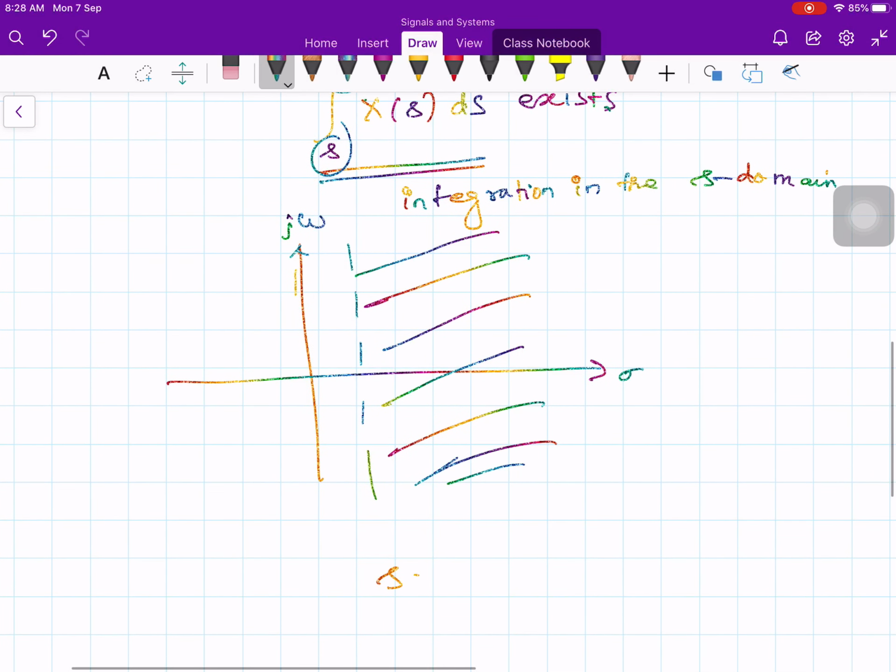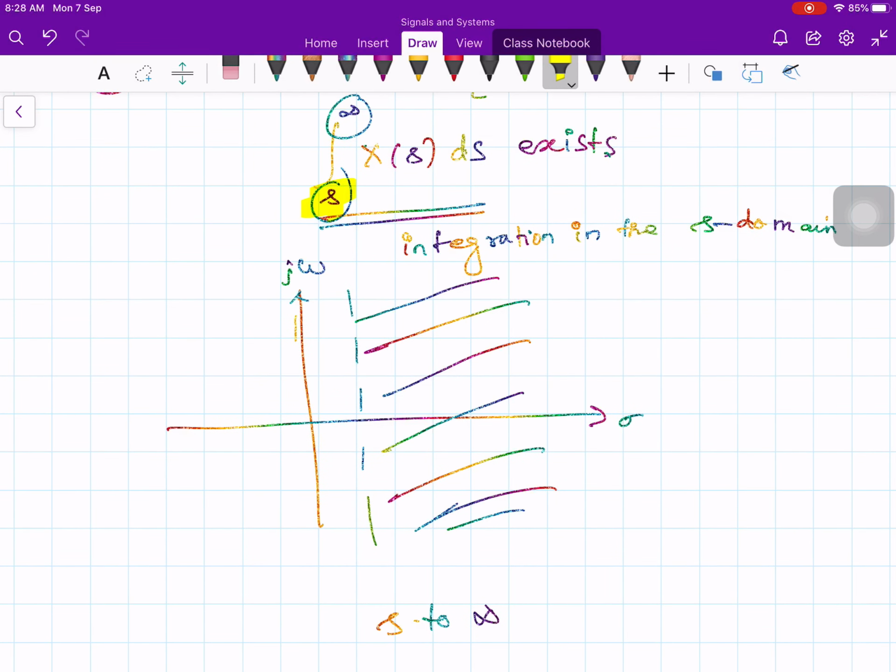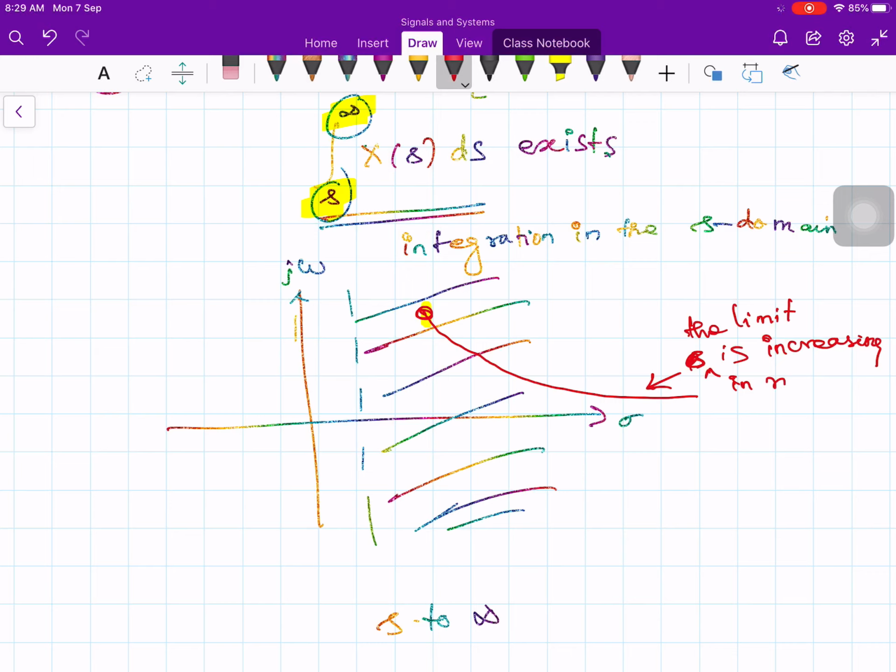If you look at the integration, this is from s to infinity. So you take a value, and this value keeps on increasing, but towards the real axis direction. So s is increasing, or the limit is increasing in the real axis direction. That's what we mean by this limit.